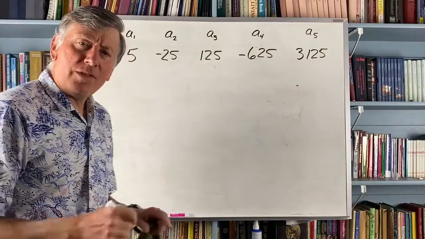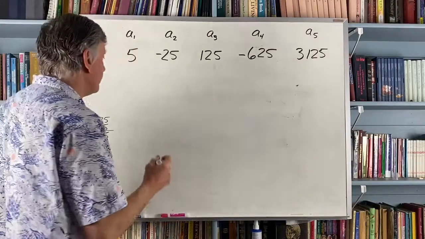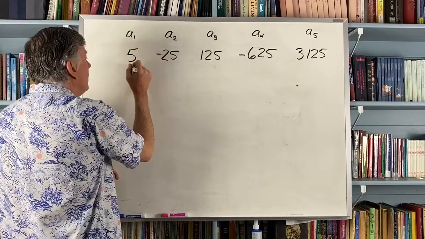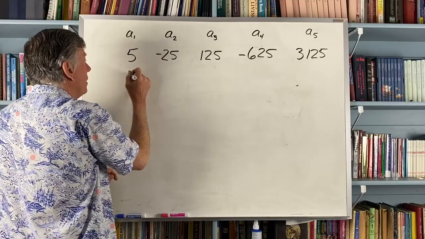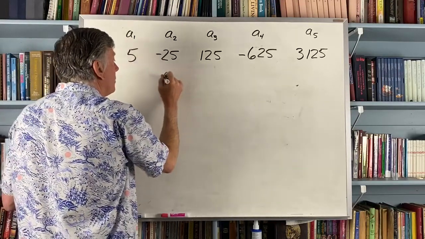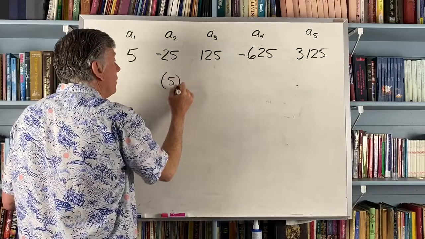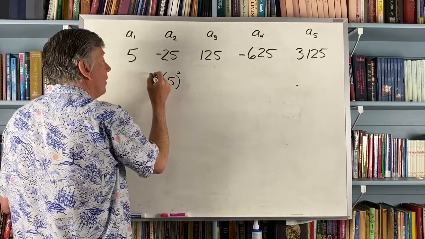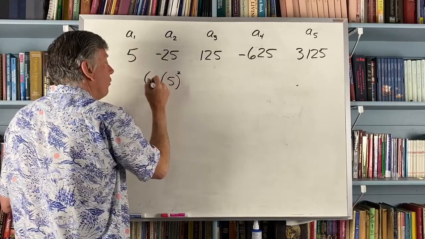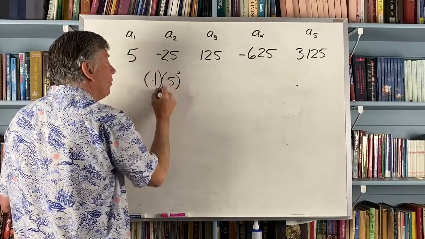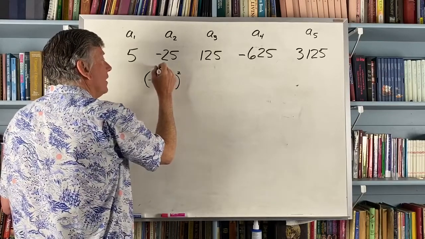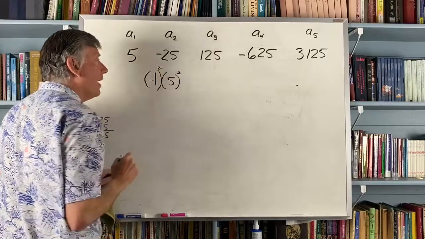We can come up with a definition for this. Notice how our first term is 5. Our second term is 5 squared, but we've got a minus sign on it. So what we could do is make a formula for that by putting a minus 1 in front and having it to the 2 minus 1 power.